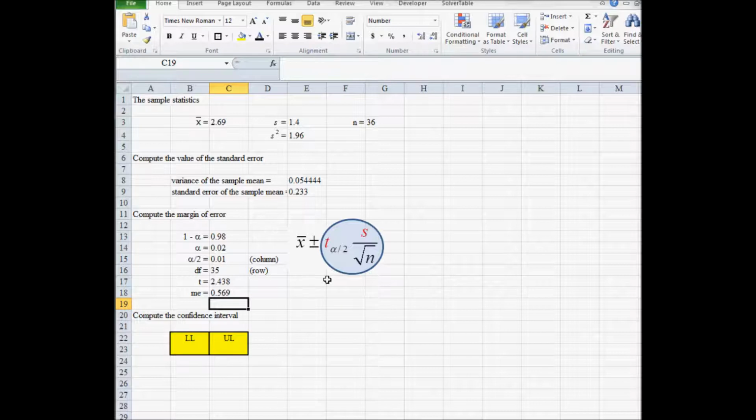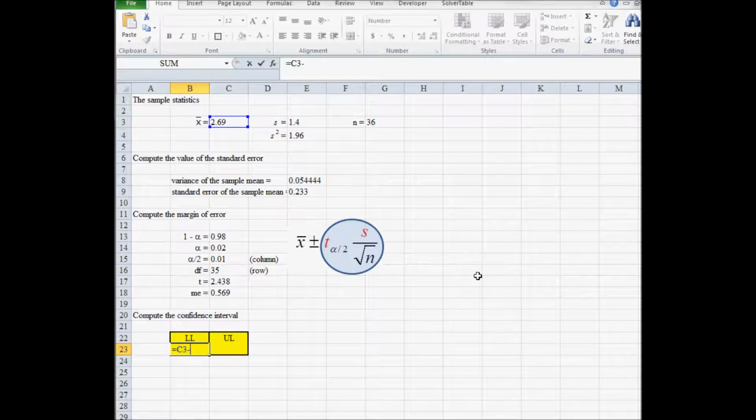To compute the confidence interval, we take the sample mean and we subtract from it the margin of error first, and then we take the sample mean and add to it the margin of error. So the sample mean minus the margin of error, and then the sample mean plus the margin of error.